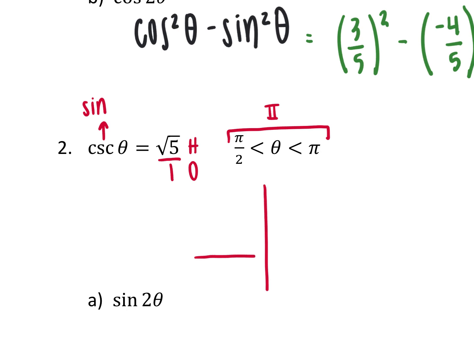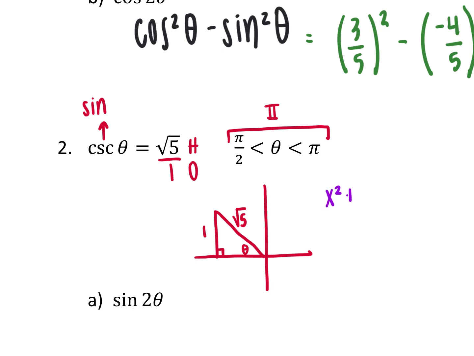When we draw our triangle in the second quadrant, remember that you have to be careful about the legs because they could be negative. So we have the cosecant is the hypotenuse over the opposite. We'll go to the side and do our Pythagorean theorem.